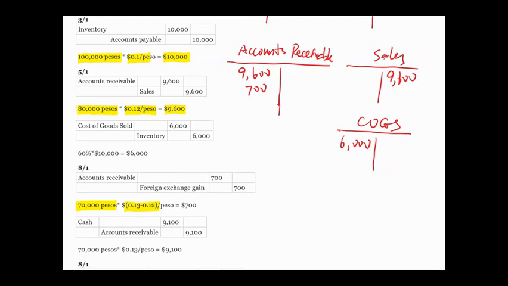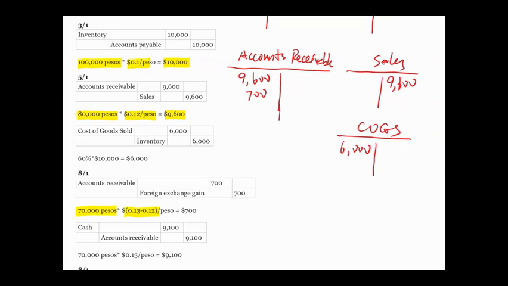This is the amount they receive from their customers, based on the total amount the customer paid in pesos times the foreign exchange rate on that date, and the total is 19,100. So we credit 19,100. And the first journal entry is to recognize this gain because of the increase in the peso's value.